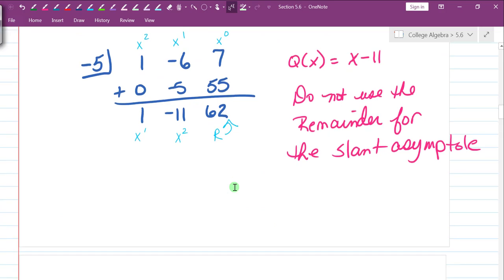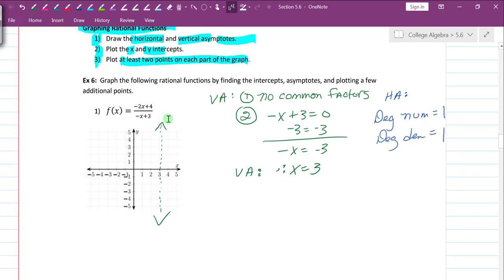So my horizontal asymptote is going to be -2 divided by -1, the leading coefficient divided by the leading coefficient. That is going to equal +2. So y is equal to 2 is my horizontal asymptote. And so that goes like this.